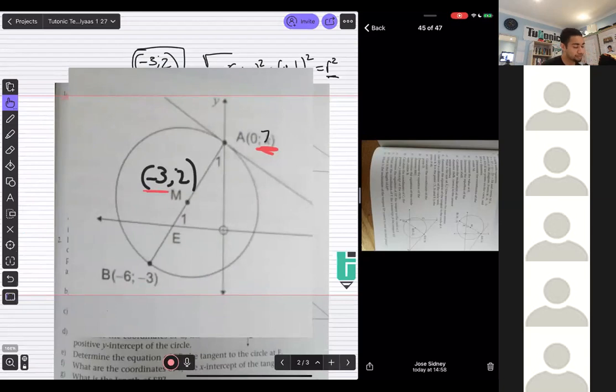You've got the gradient. Do you guys agree? So what's the gradient? 5/3, right?